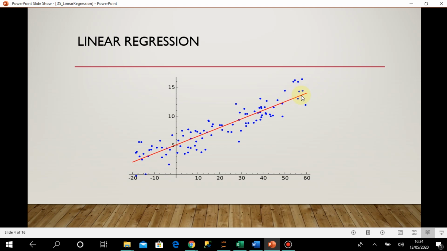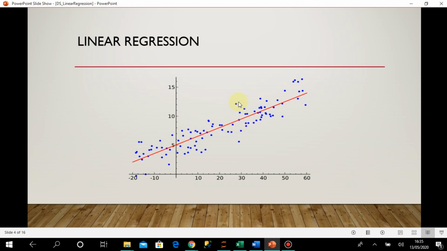From the diagram itself you can understand that the actual output and the predicted output are not the same for all the points. For a few points it will match, but suppose for this particular input value the output may be something like 12, but if I go by this line then it is something different, maybe 9.